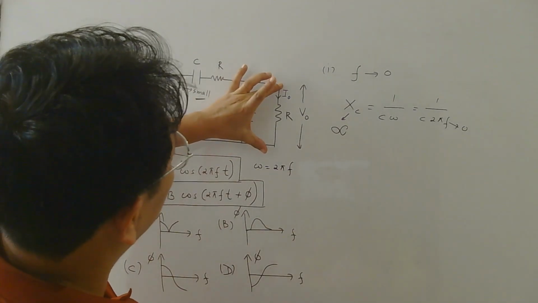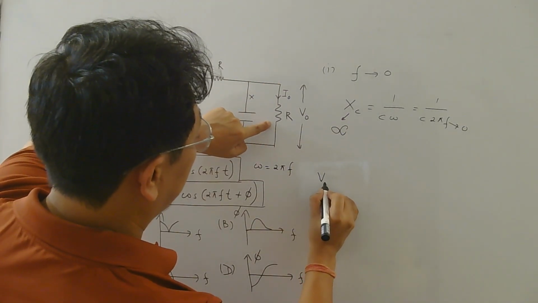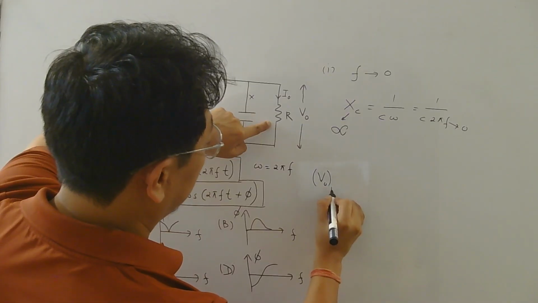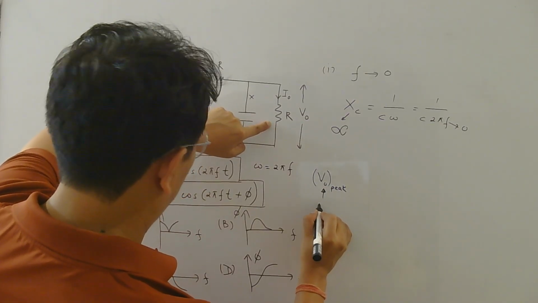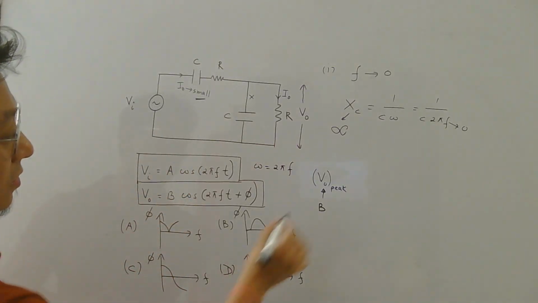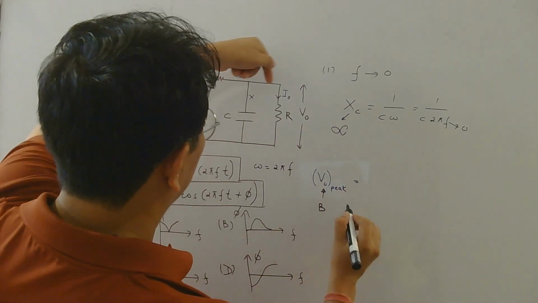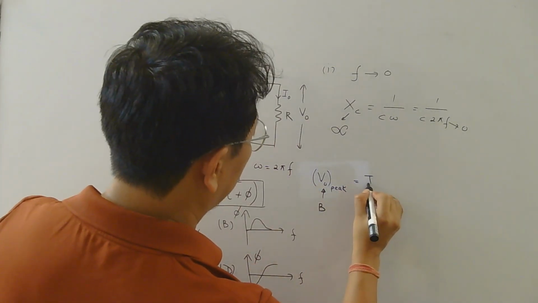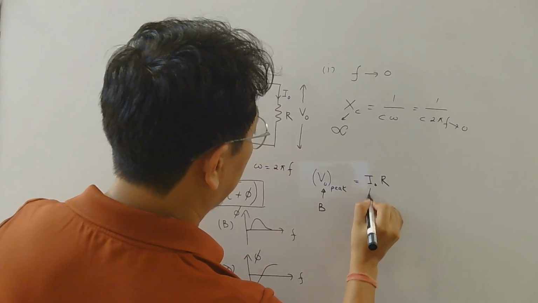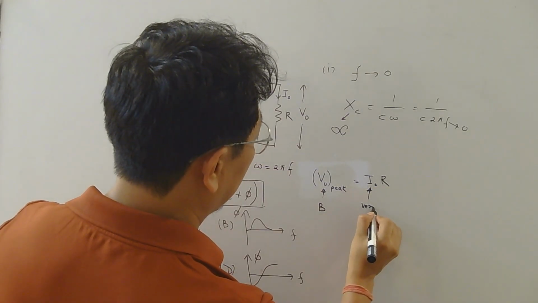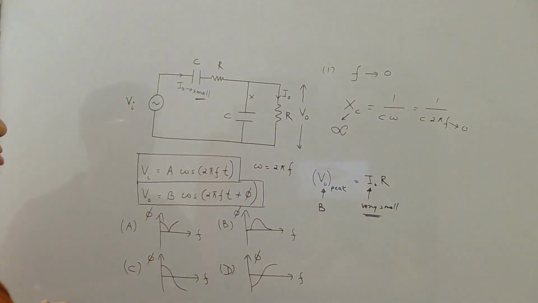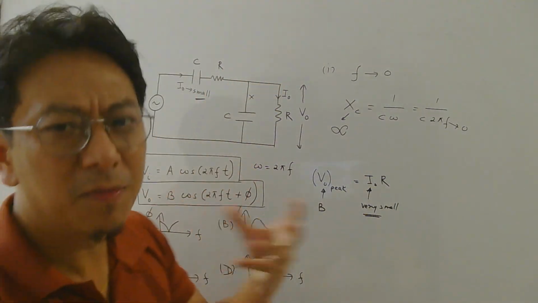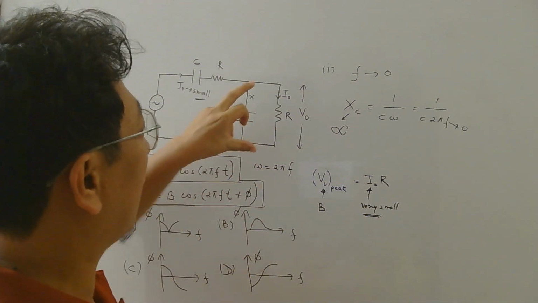So the output voltage here, the peak value, okay, which is actually given as B. If you look at the equation, this is given as B. That will be equal to the peak value of current here into R. Remember, this current is very small. So obviously the voltage here will be extremely small, but we are not worried about the value of that voltage.